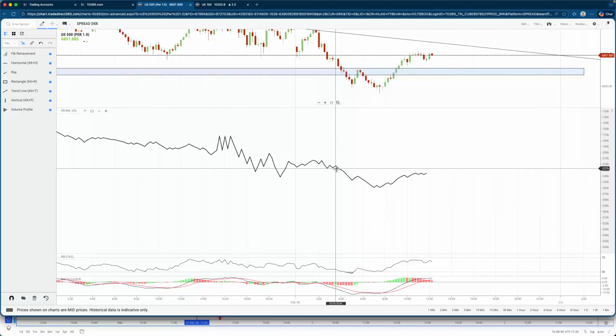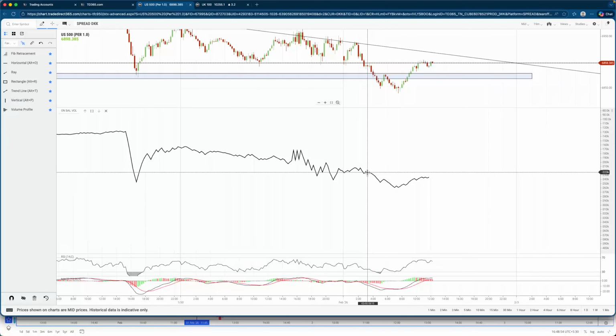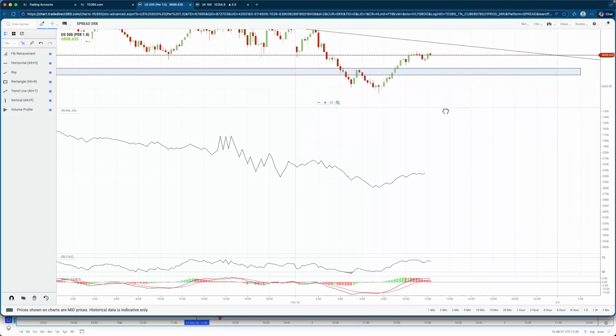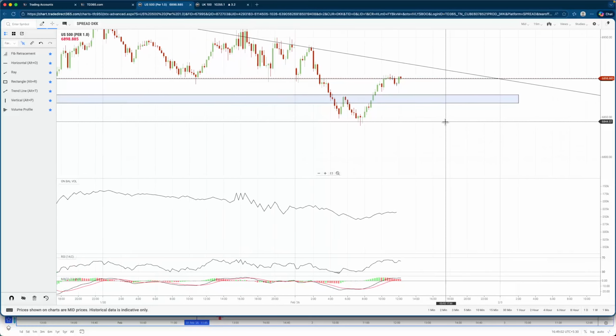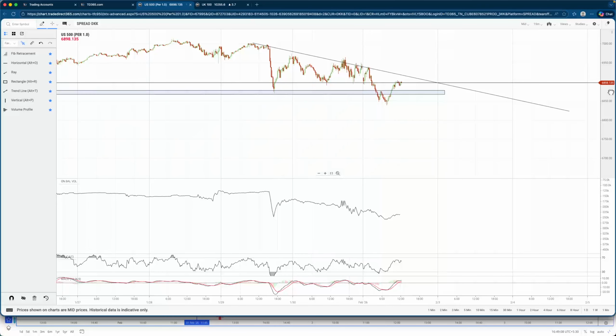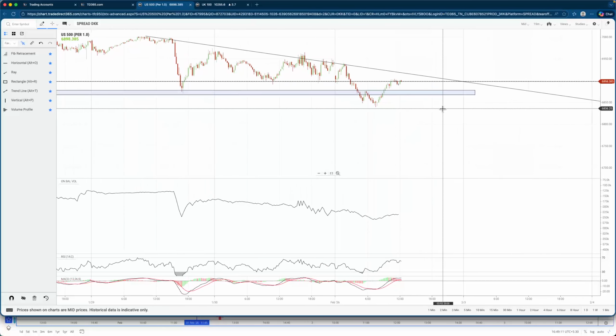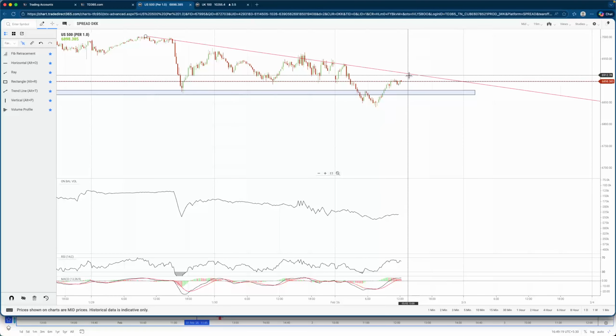And yeah, so my view is bearish, and what eventually could happen is the market can open gap up, maybe try to break this trend line, but would eventually fail.